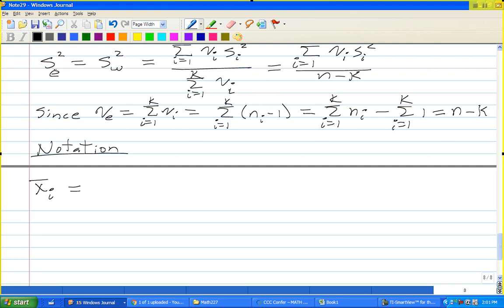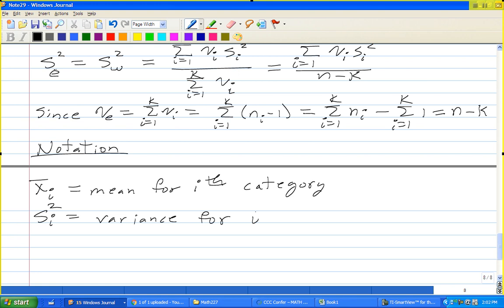So it's the mean for the ith category. This is the variance for the ith category.